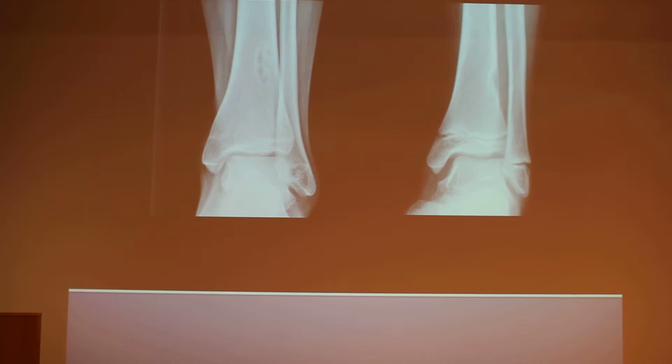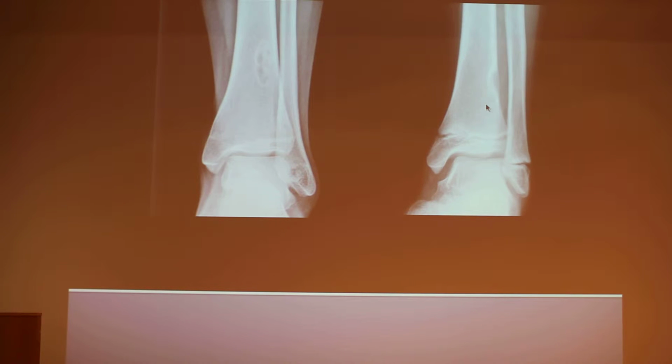The second kind of lesion I want you to know is this lesion. It also involves the metaphysis. Here, it's asymmetric and eccentric with a cortical base that you can easily see on this example. The lesion is growing along the long axis of the bone with a big sclerotic rim.